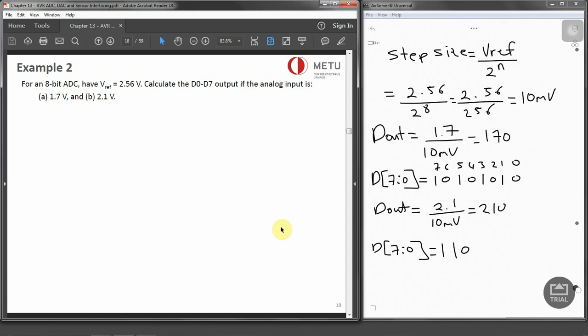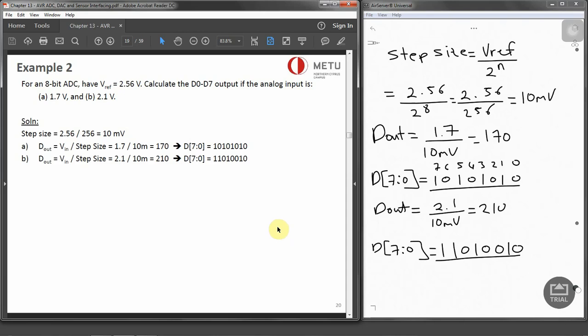Then we need 16. 18 minus 16, it will be 2. Then 0 for 8, 0 for 4, and then we have got 1 and then 0. So in the end we have got 8-bit binary values for these conversions. I think this is pretty straightforward. You can try by yourself as well, and if you have any questions, please do not hesitate to ask me.